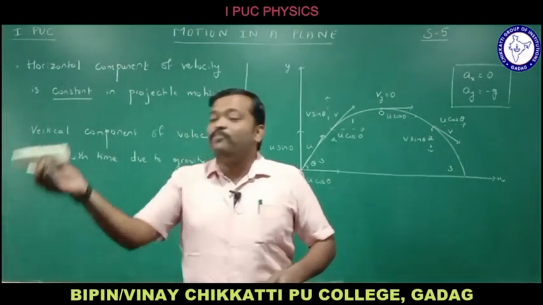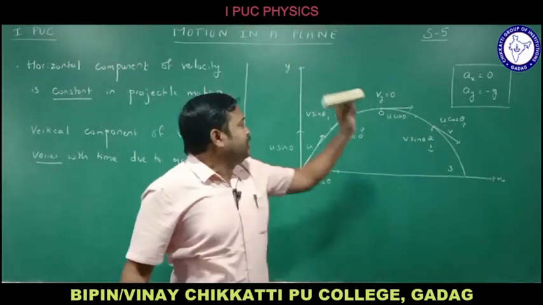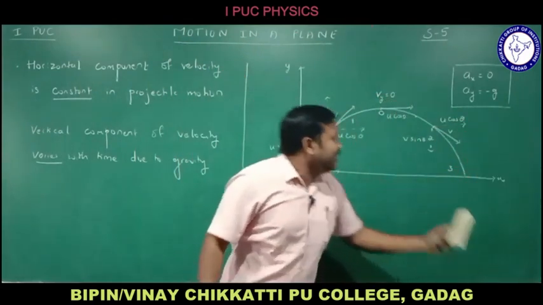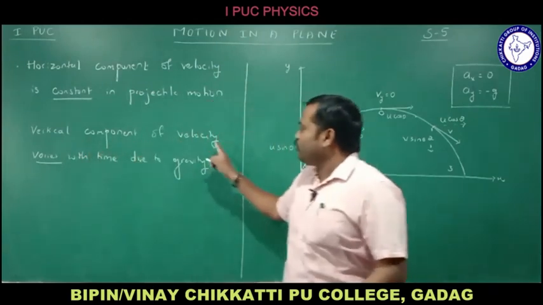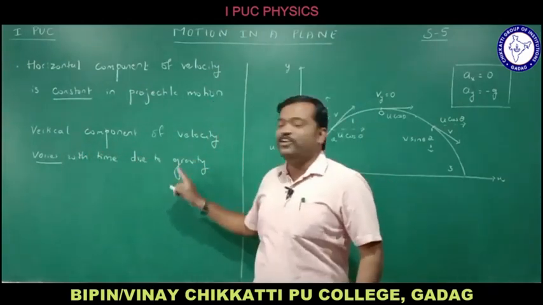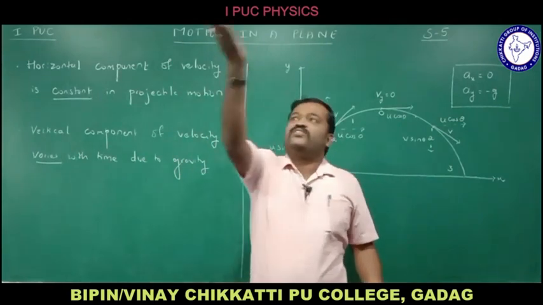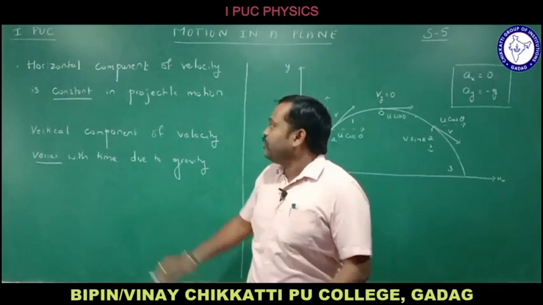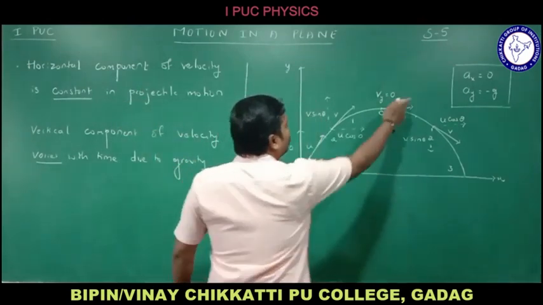When a body moves upwards, the vertical component goes on decreasing, and at the maximum point it becomes 0, and again it goes on increasing when it reaches here. It decreases first and again it increases when it comes down. But which component remains constant? Horizontal component.